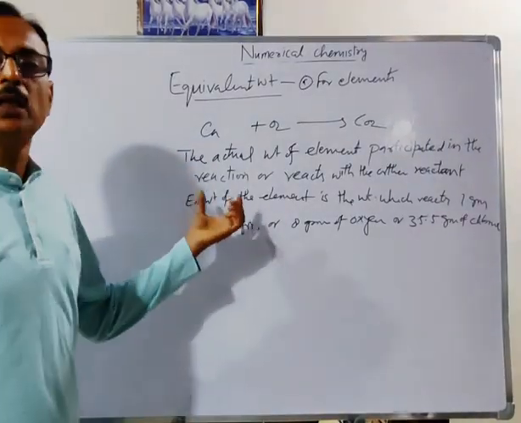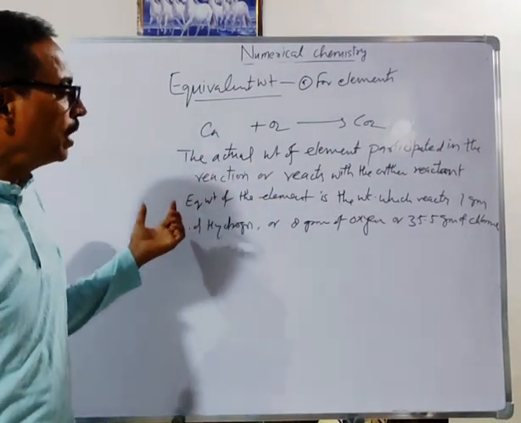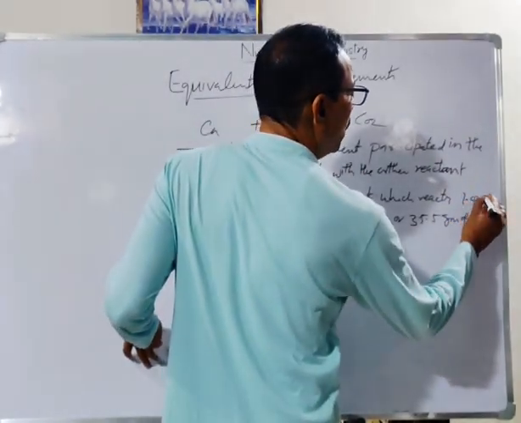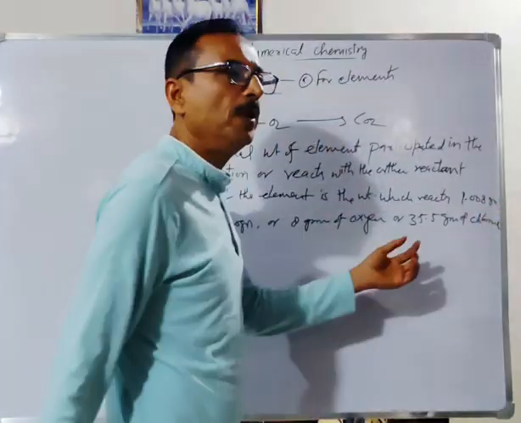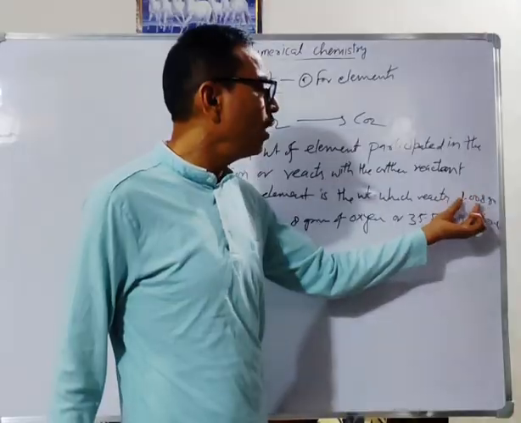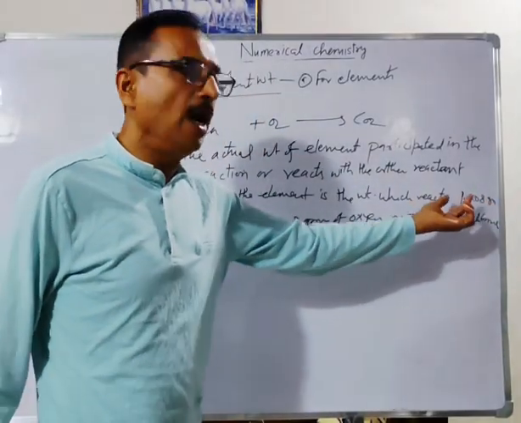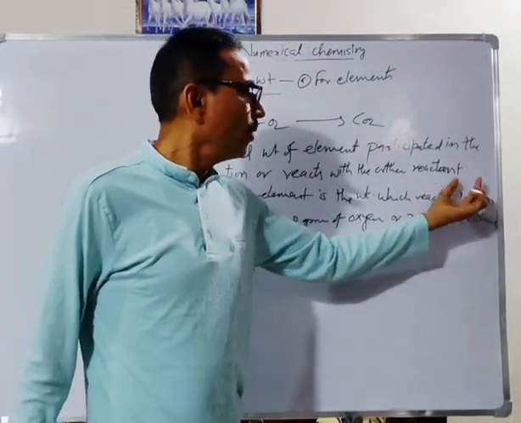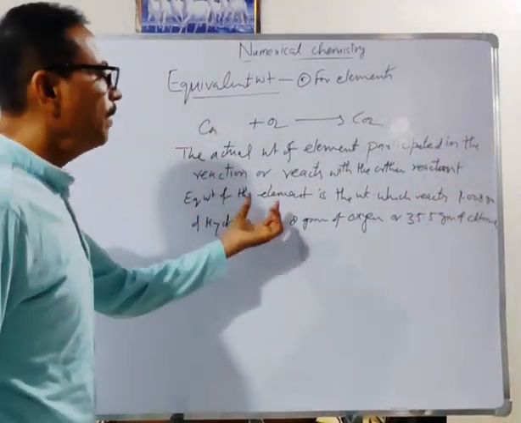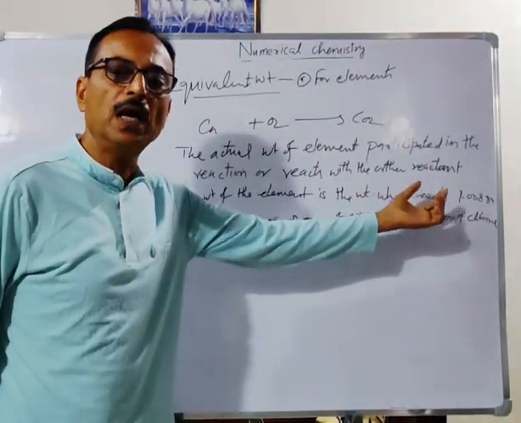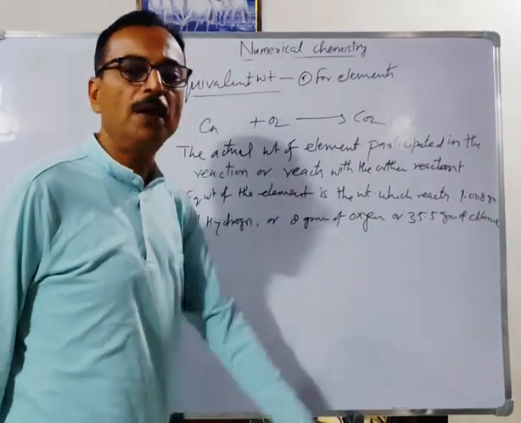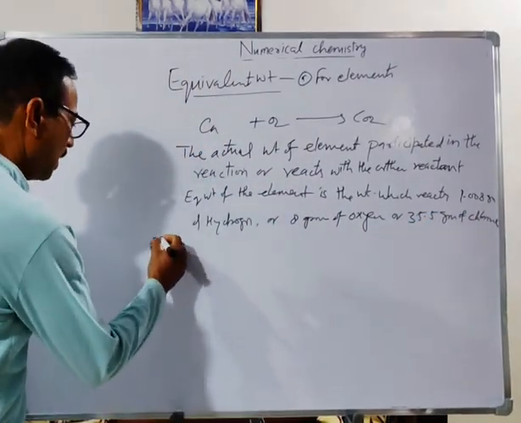So how much quantity of an element reacts with 1 gram hydrogen? Actually this value is 1.008 gram. Why is it .008? Because hydrogen has 3 isotopes and 1.008 is the average atomic weight of these isotopes. So equivalent weight is the weight which reacts with 1 gram of hydrogen, 8 gram of oxygen or 35.5 gram of chlorine. Let us understand by an example.